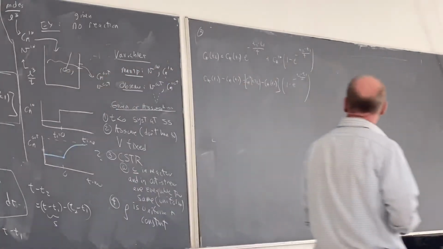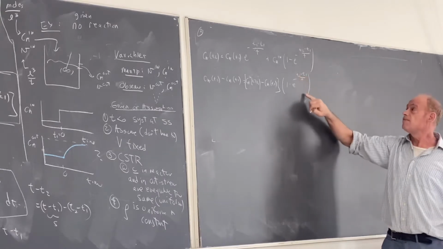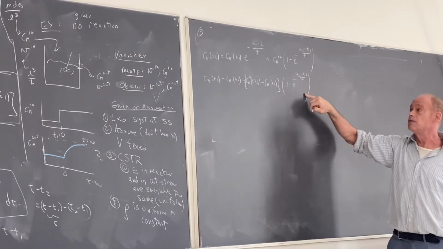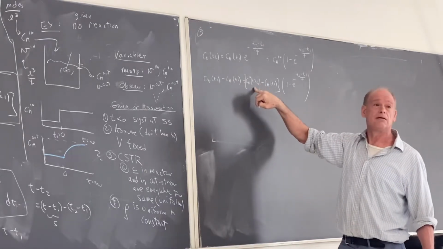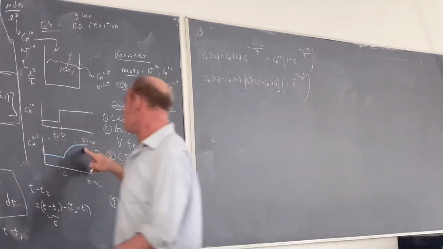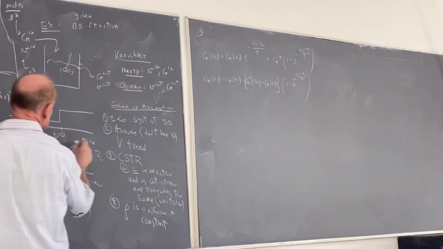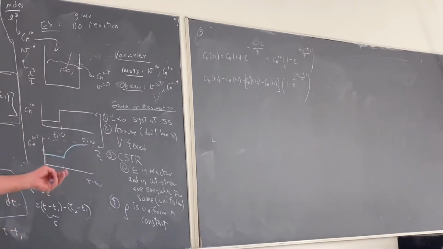Because as t2 goes to infinity, the exponential goes to 0, and CA at t2 just goes to CA in for t greater than T1. This value here is the same as this value, because there's no reaction.